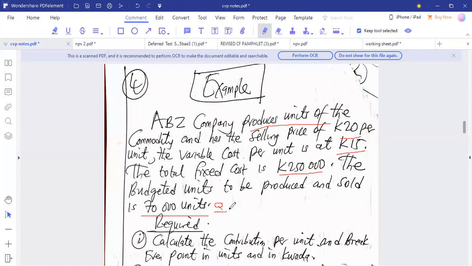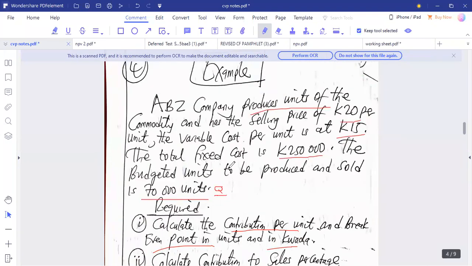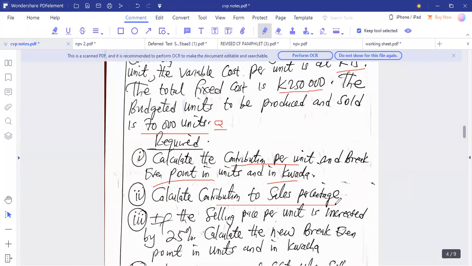All right. Now required, calculate the contribution per unit and the break-even point in units and in kwacha. That's number one from this information given here. All right. Now the other one is calculate the contribution to sales percentage. Okay. Now the selling price per unit is increased by 25%.